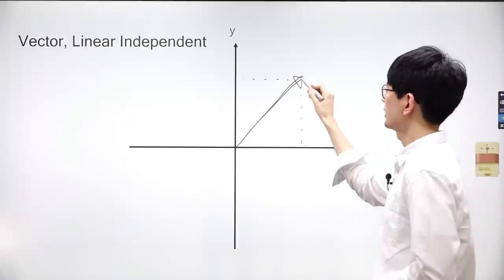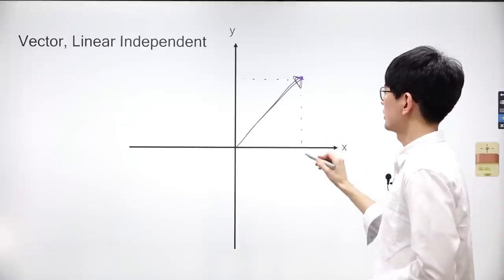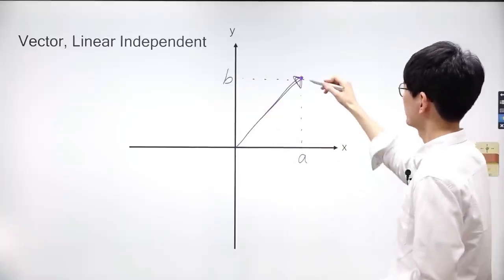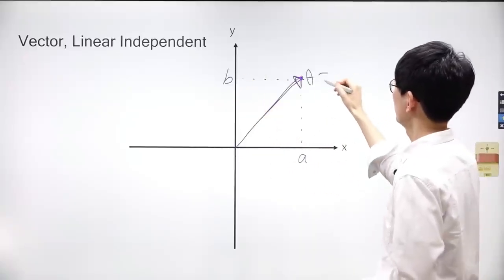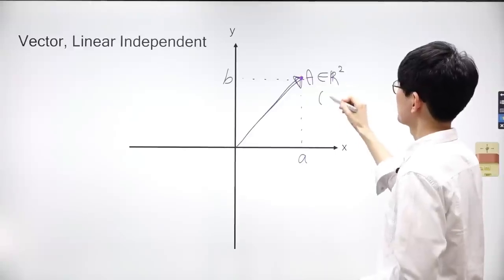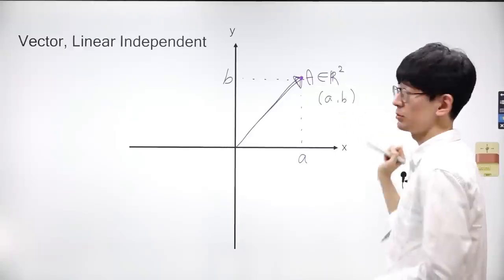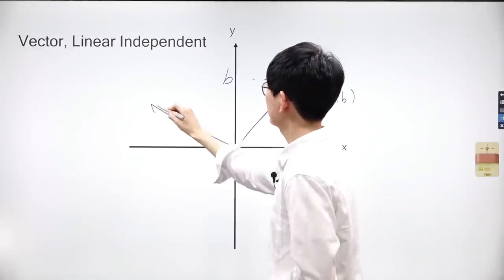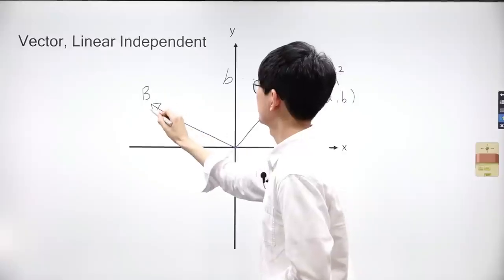For instance, let's say we have a vector A pointing to coordinates (a, b). We can say vector A is in R^2 with coordinates (a, b). Let's draw another vector in the plane called B with values c and d.